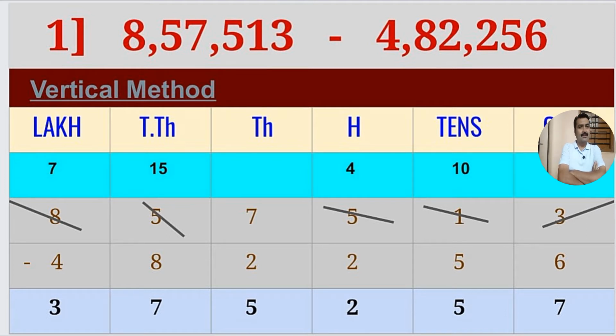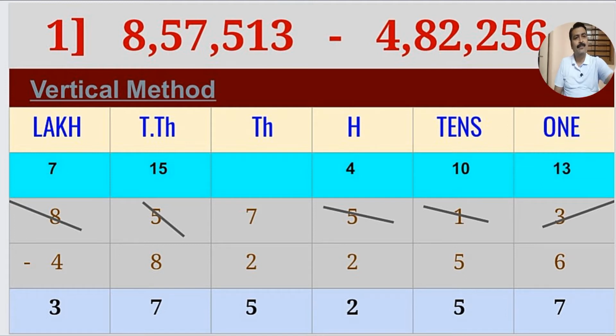We learned that the answer of subtraction is called the difference. While calculating the difference between these two numbers, it is important to make the vertical arrangement for these two numbers. So look at the vertical method that I am continuing. In the vertical method I am using 6 columns.